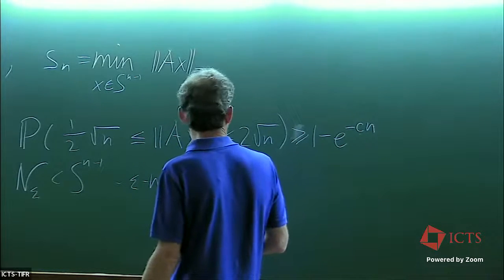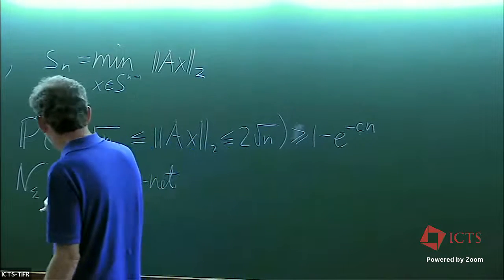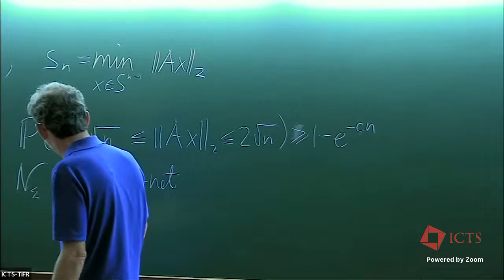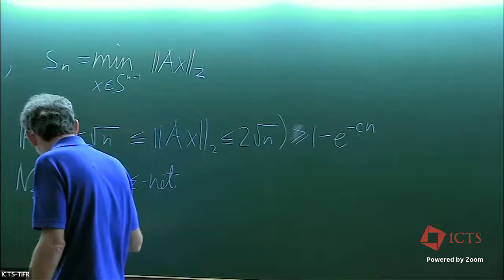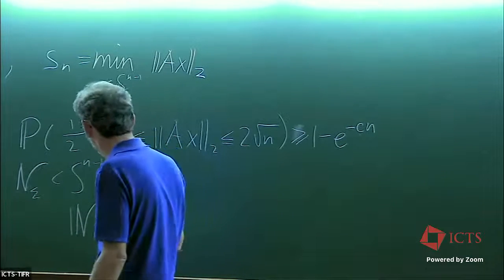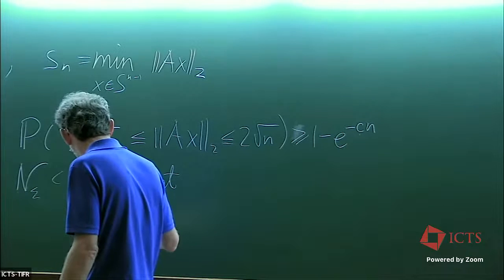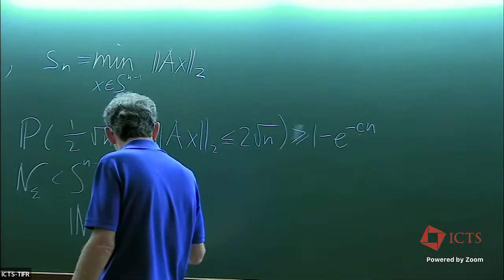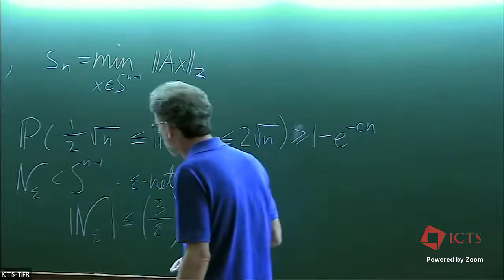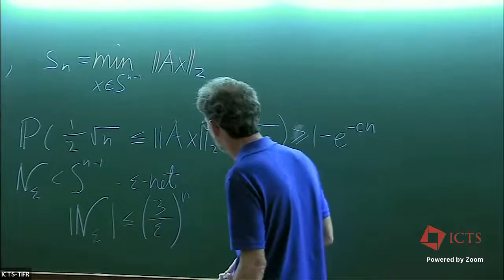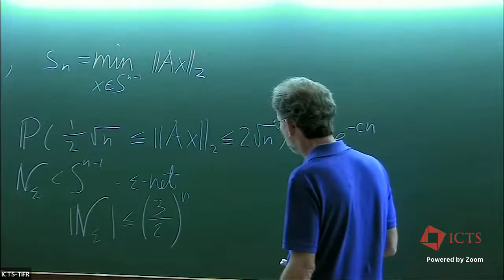Let's see. We want to use the union bound on the net, so we need the cardinality of the net. There is a standard estimate in geometry, the volumetric estimate. It is less or equal than, say, 3 over epsilon to the power n, which is the dimension of the space. Okay.